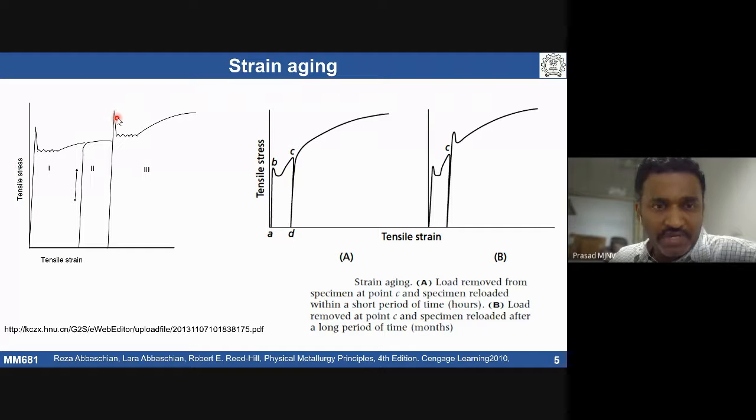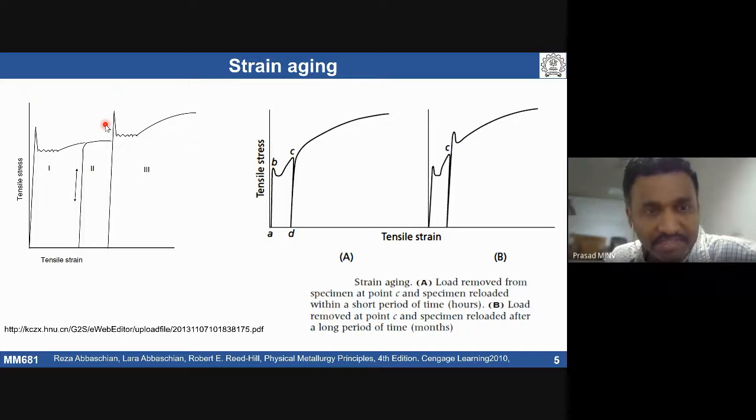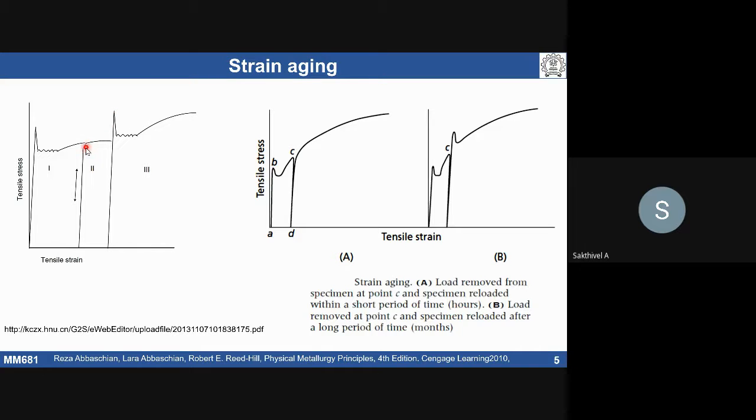What you're talking about is the upper yield stress increase, as compared to the same material. It's supposed to be somewhere here. Actually, I am asking about case number 2. In case number 3, you are explaining that the dislocation density is increasing as well as the pinning of solute atoms on dislocations. These two phenomena happen.